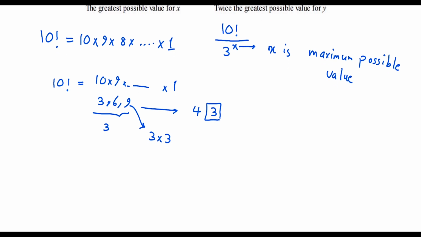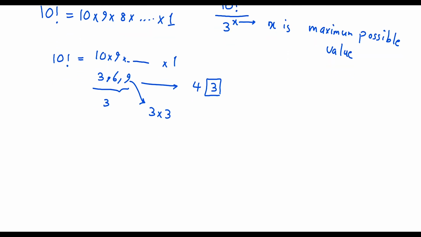And to find how many factors of 5 there are, we can also count easily. We have 5 and 10. So there are 2 factors of 5 in 10 factorial. Here is 2 and there is 4.